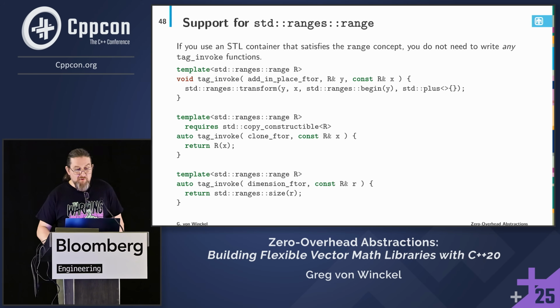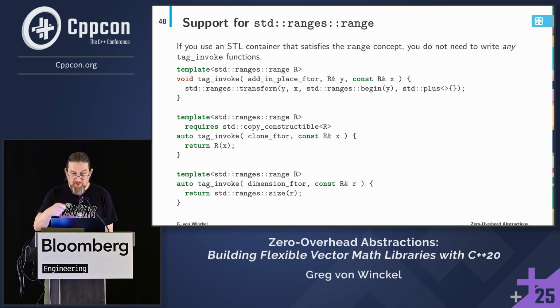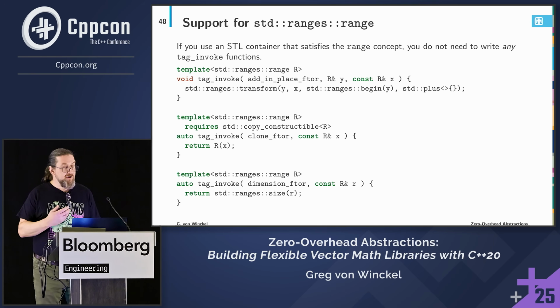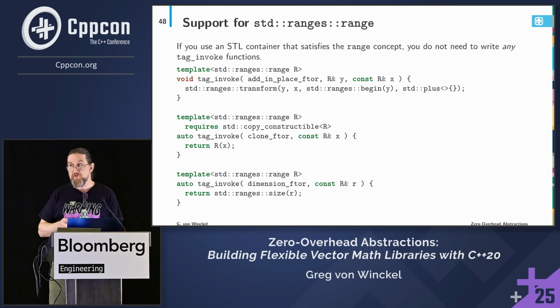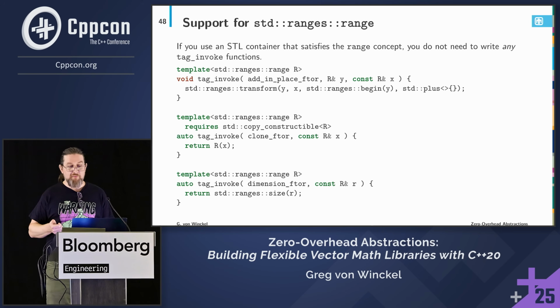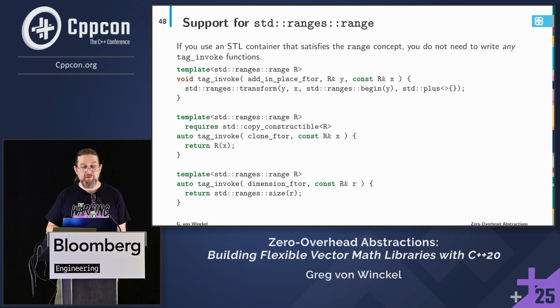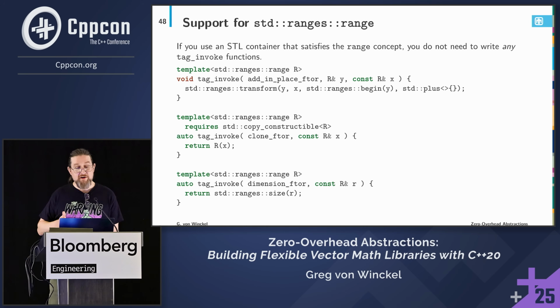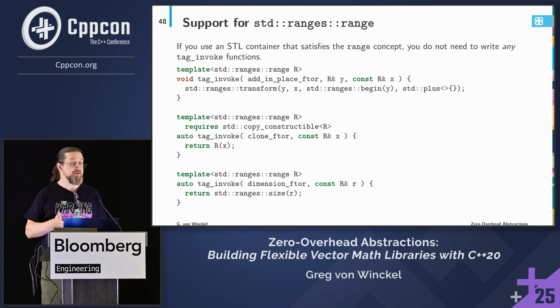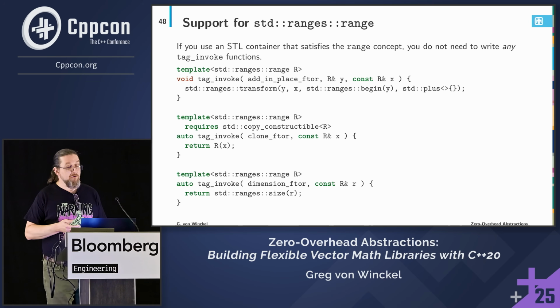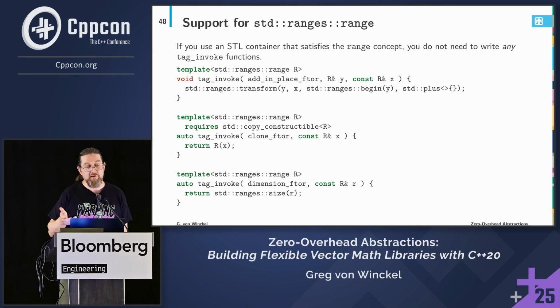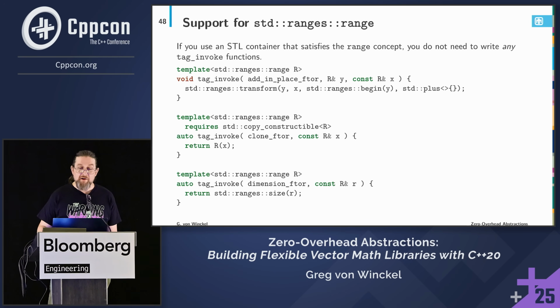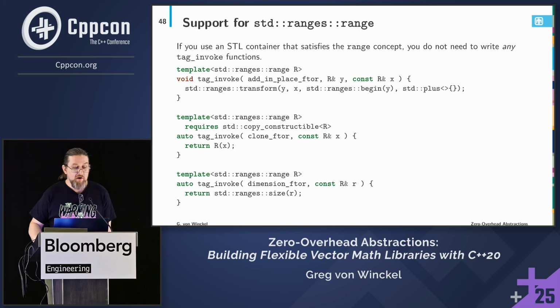Okay. Now, one of the virtues of this approach, as I mentioned earlier, unlike say using CRTP or traits where you have to actually specialize for each particular template parameter, is that you can use these in a generic way. So anything that satisfies broad criteria, such as std::ranges::range. So that means that there's a begin and an end and a size and that it's copy constructible and so forth.